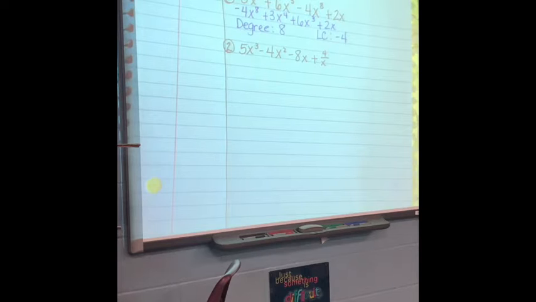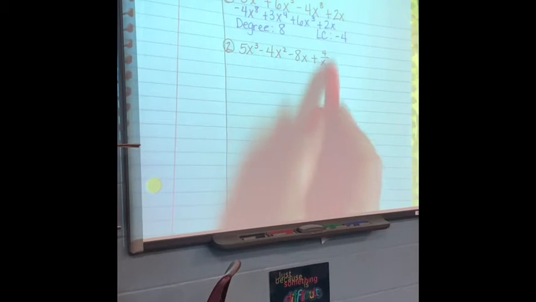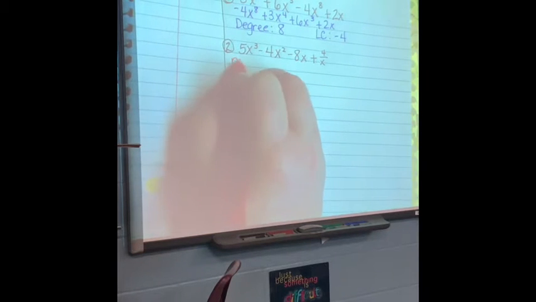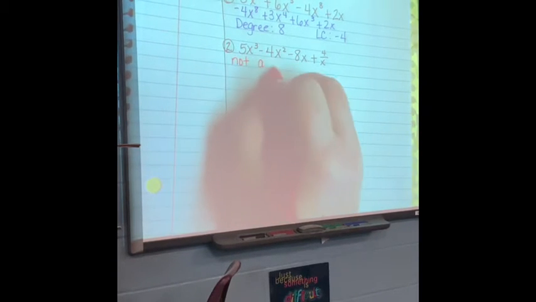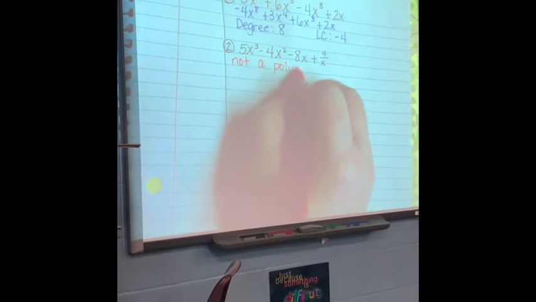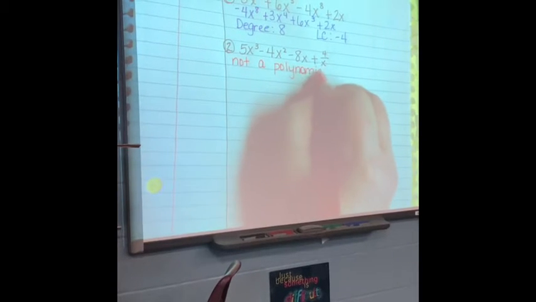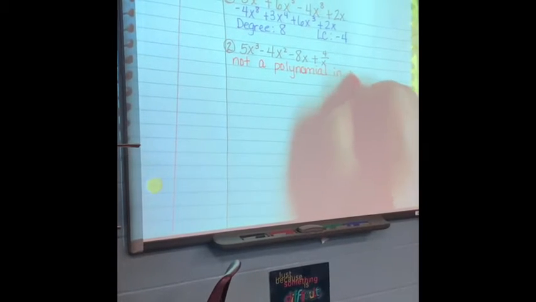It's not a polynomial, much less a polynomial in one variable, right? All because this little piece right here is actually a negative exponent, right? So I'm going to write that. So this is not a polynomial in one variable.